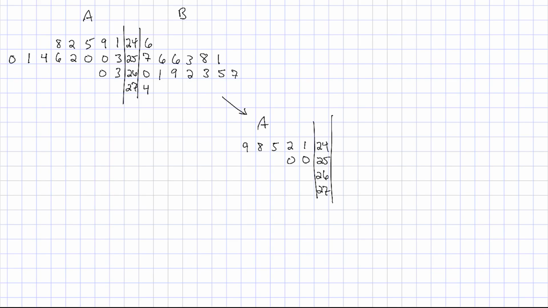We've got 0, 0, 0, 1, 2, 3, 4, and 6, 0, and 3. And for B, we've got 6, we've got 1, 3, 6, 6, 7, 8, 0, 1, 2, 3, 5, 7, 9, and 4. This is our stem and leaf display.